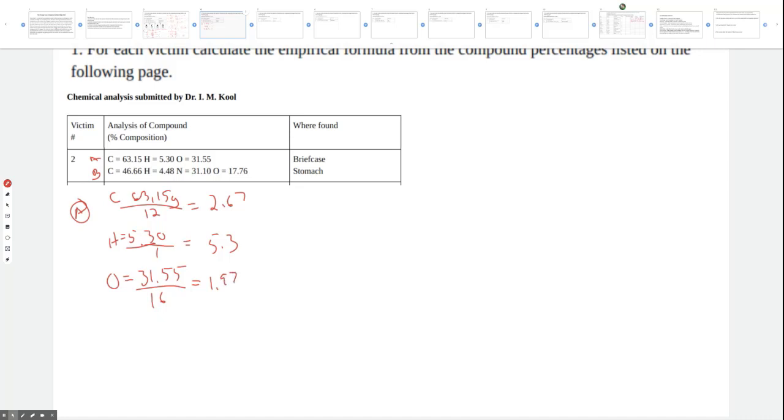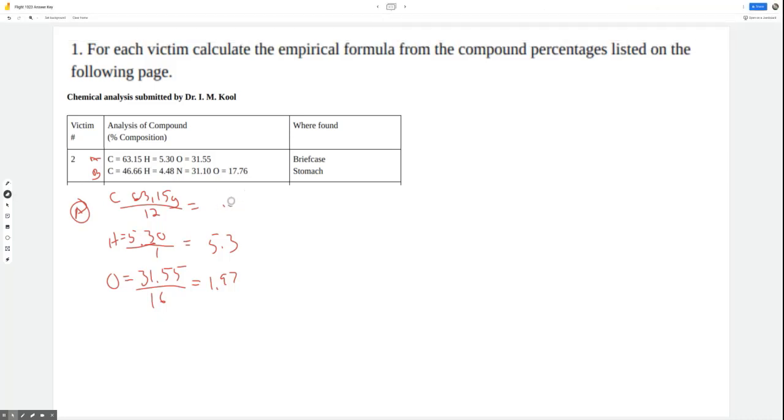Oh, sorry, this first one. It is actually 5.26. So we're going to divide those each by the smallest of these numbers, which is the 1.97 at the bottom. So that gives us 2.67, 2.69, and 1. The 2.67 and the 2.69 we can't use.